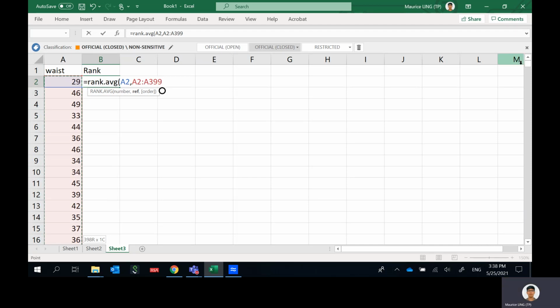Otherwise, you can type in A2:A399. Then you comma, and it gives you 0 for descending, that means from largest to smallest. Now we want ascending, smallest to largest. So waist number 29 is position number 16, rank number 16. That's what it means.